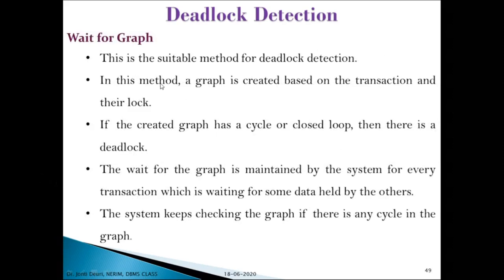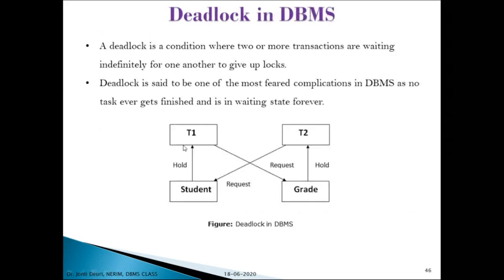So the wait-for graph is a suitable method for deadlock detection. In this method, a graph is created based on the transactions and the locks. If the created graph has a cycle or closed loop, that means there is a deadlock. In our previous example, you can see a cycle is there, right? This is waiting for this, and this is waiting for this, like a closed path.